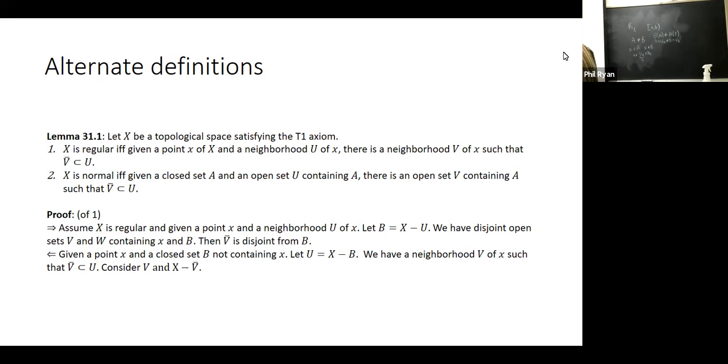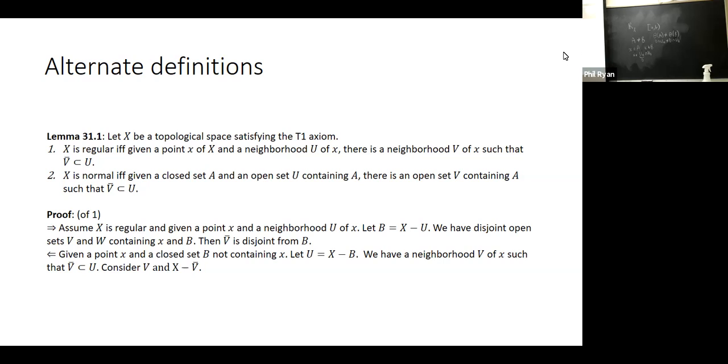Alternative definitions. This often turns out to be quite useful if you actually want to prove that something is regular or normal. This is a more local definition. A space is regular if and only if, given a point X of the space and a neighborhood U of that point, there is another neighborhood of X such that the closure of that neighborhood is contained within U. And the same thing for normal.